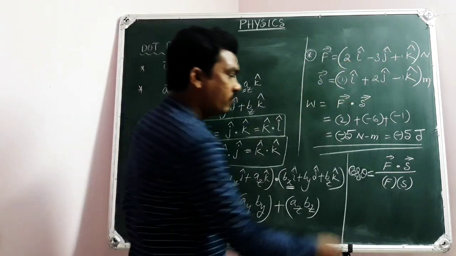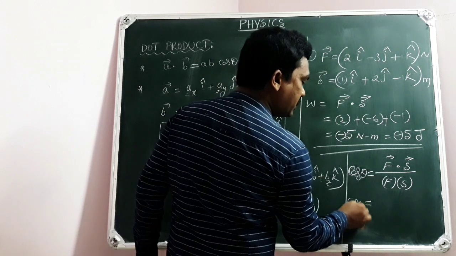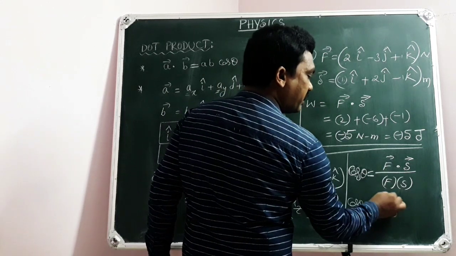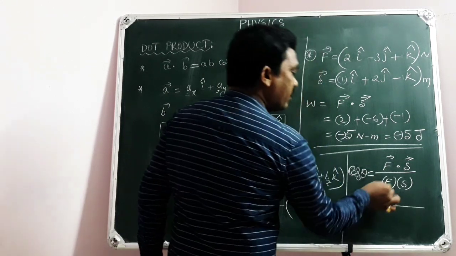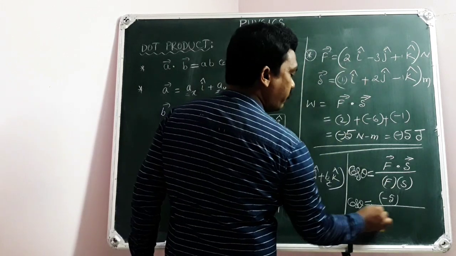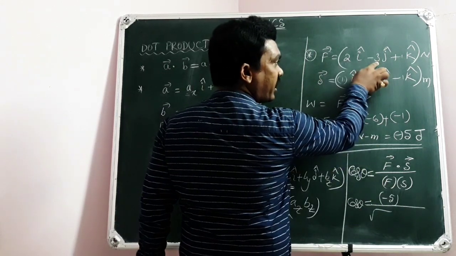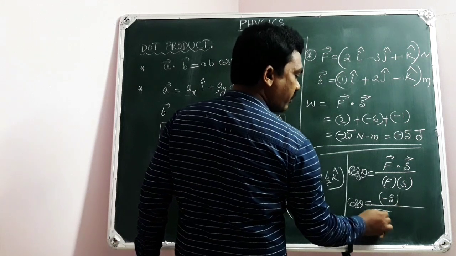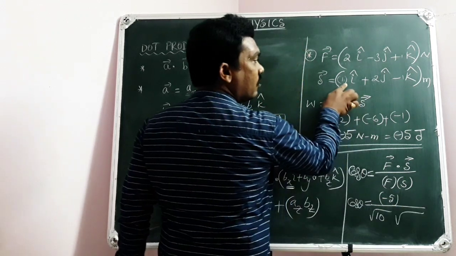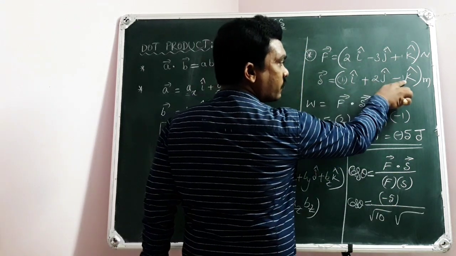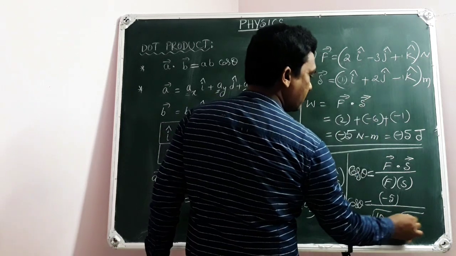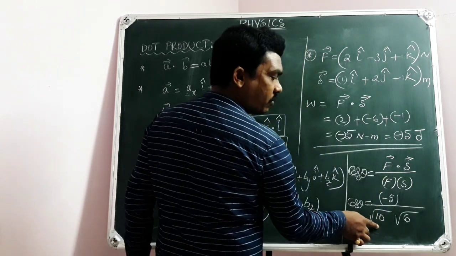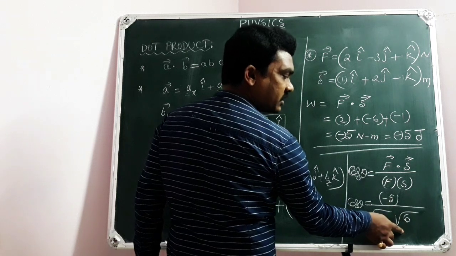If you wish, I will write briefly. Cos theta is equal to F bar dot S bar, which is minus 5, divided by modulus of F bar, root of 2 square 4 plus 3 square 9 plus 1 square 1, so 10, into root of 1 square 1, 2 square 4, 1 square 1, so 6. Modulus of F bar is root 10, modulus of S bar is root 6.